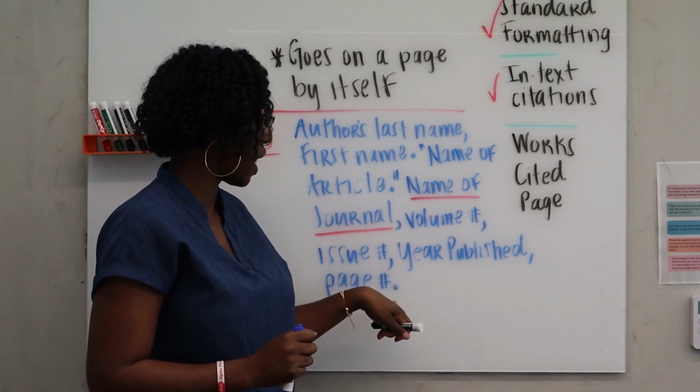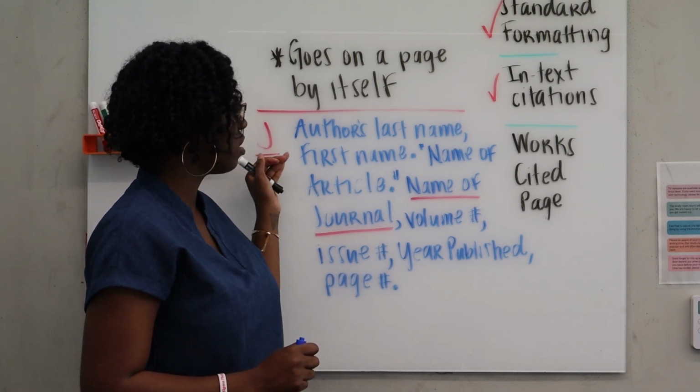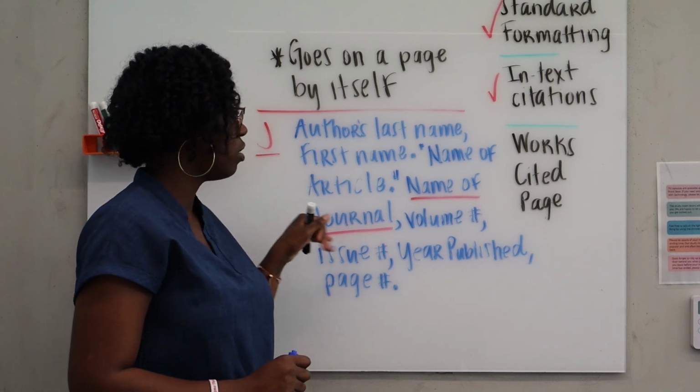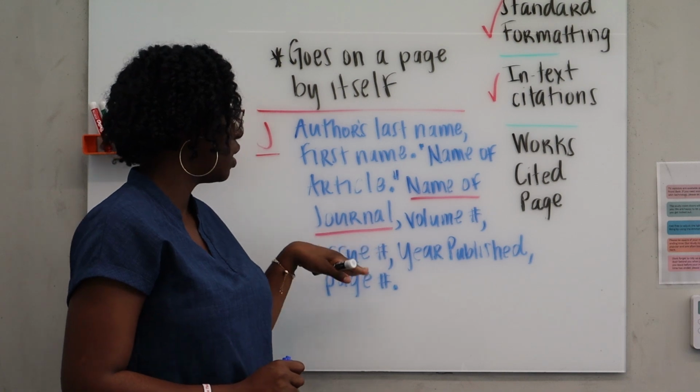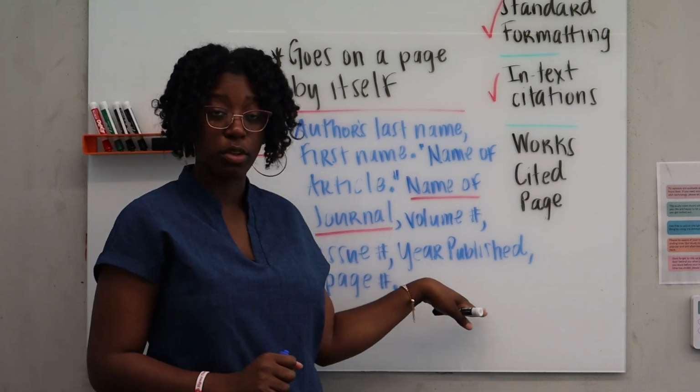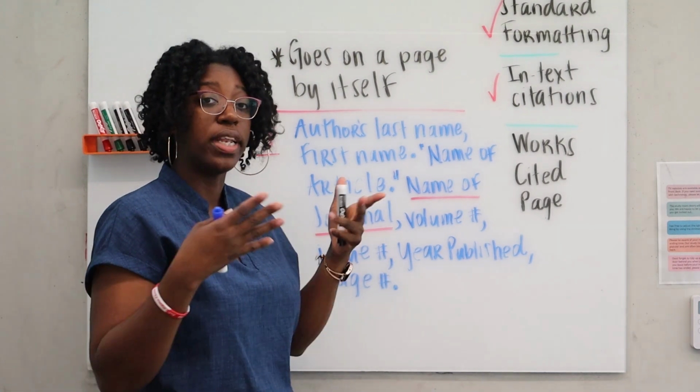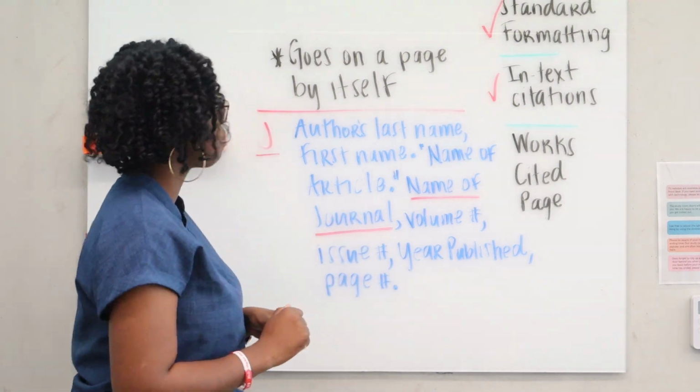And then you're going to end that with a period. So author's last name, then first name, the name of the article, the title of the journal, the volume number of the journal, the issue number of the journal, the year it was published, and then the page numbers that the article has within the journal. Okay?